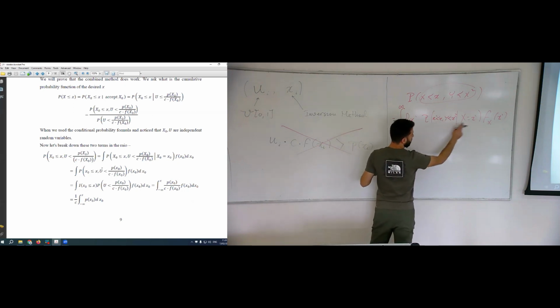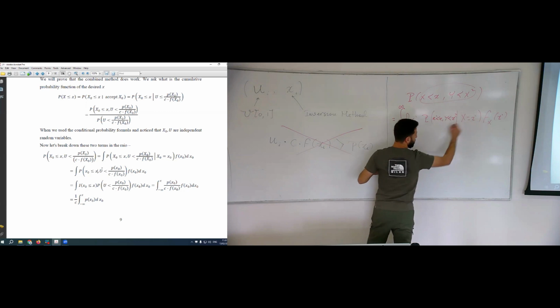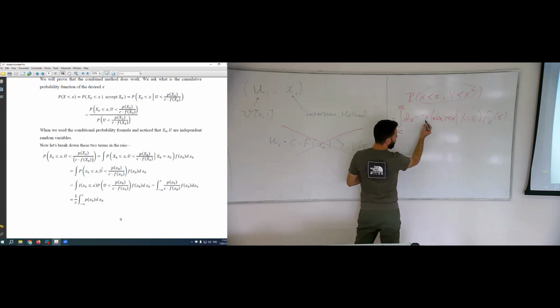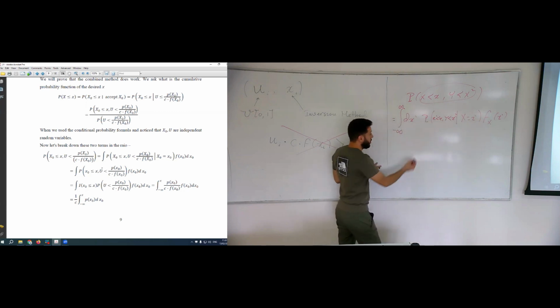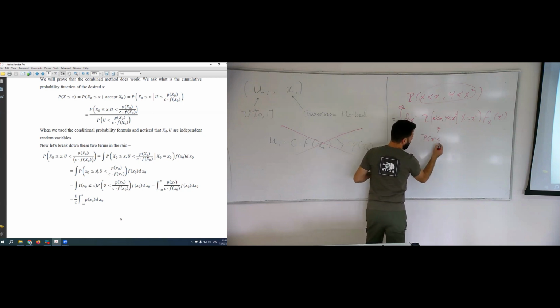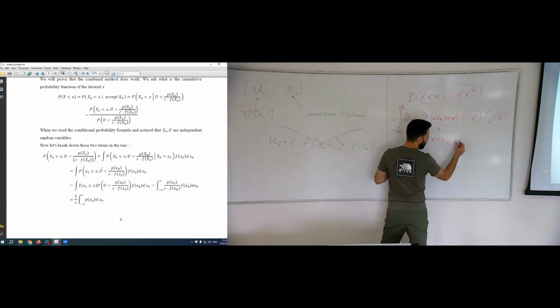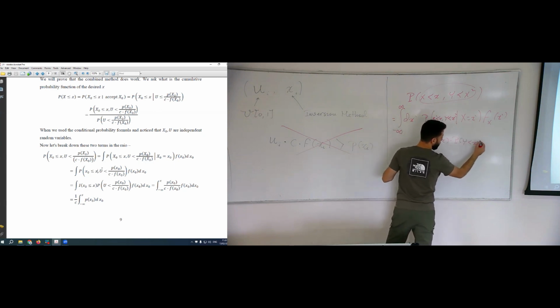Now, given x is equal x prime, and I wrote this, I can drop this condition. And what's the probability of x prime? So this is the probability of x prime smaller than x multiplied by the probability of y smaller than x prime squared.